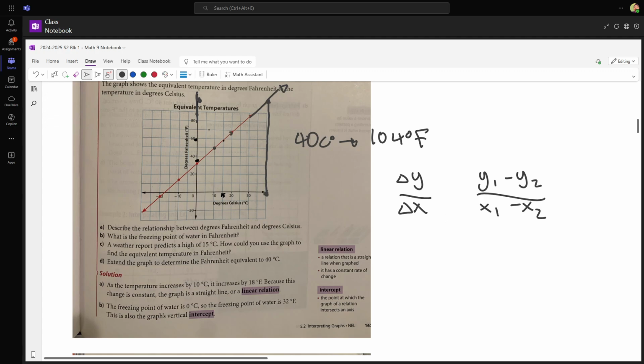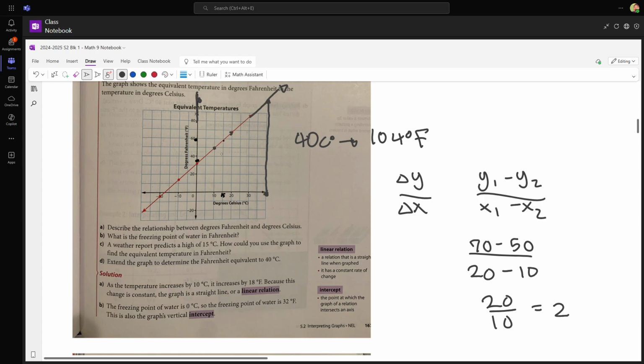Y1 would be right here. Y1 is 70. Y2 is 50. X1 would be 20. And then this would be 10. 20 over 10, which would be just 2.